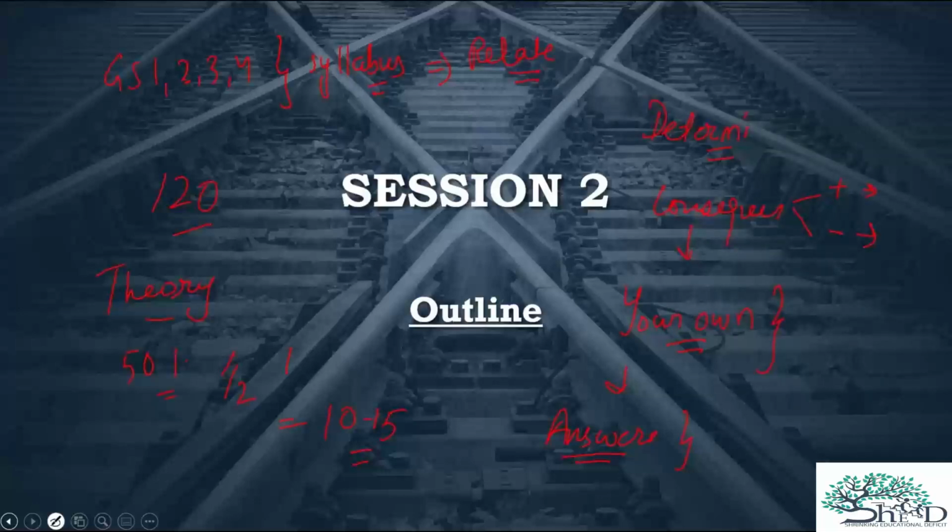In today's lecture also, we will see how we can use knowledge from other GS papers in GS4. So to reduce the unpredictability offered by UPSC, you can use this method: complete the syllabus, relate, and the third step is always revise, then practice.